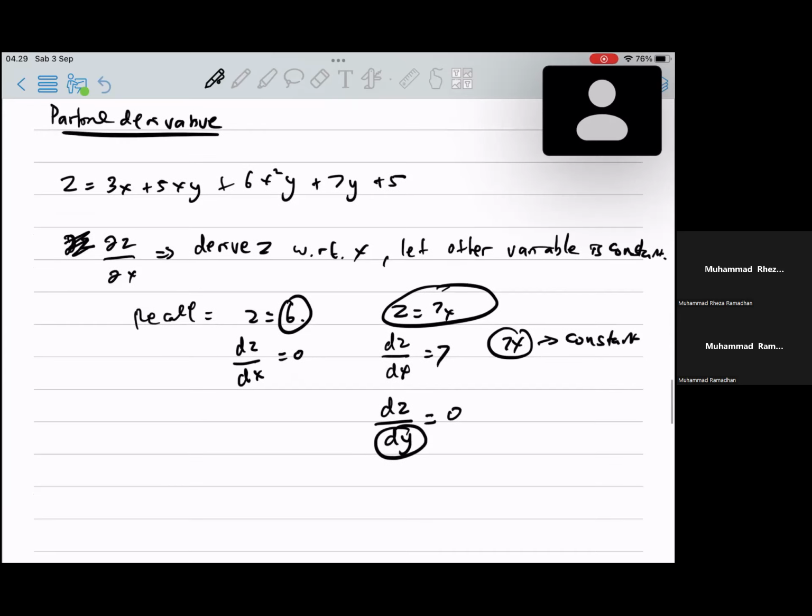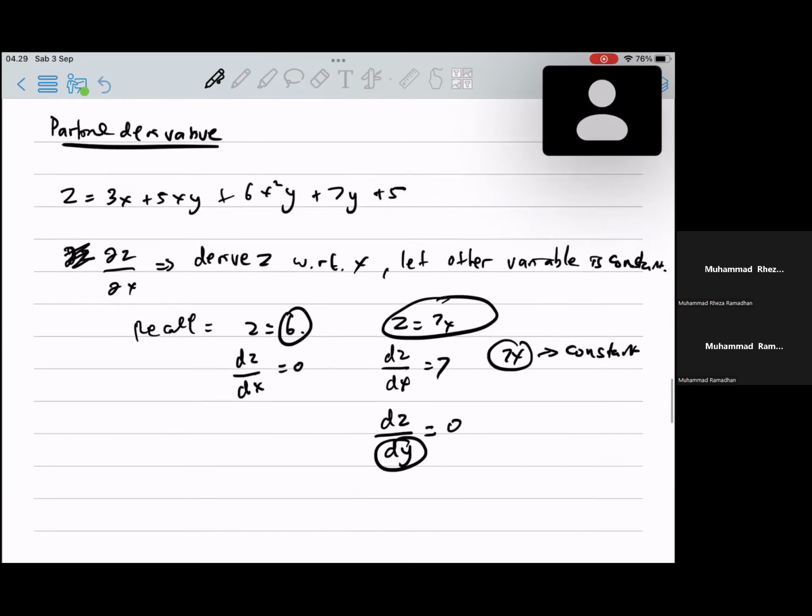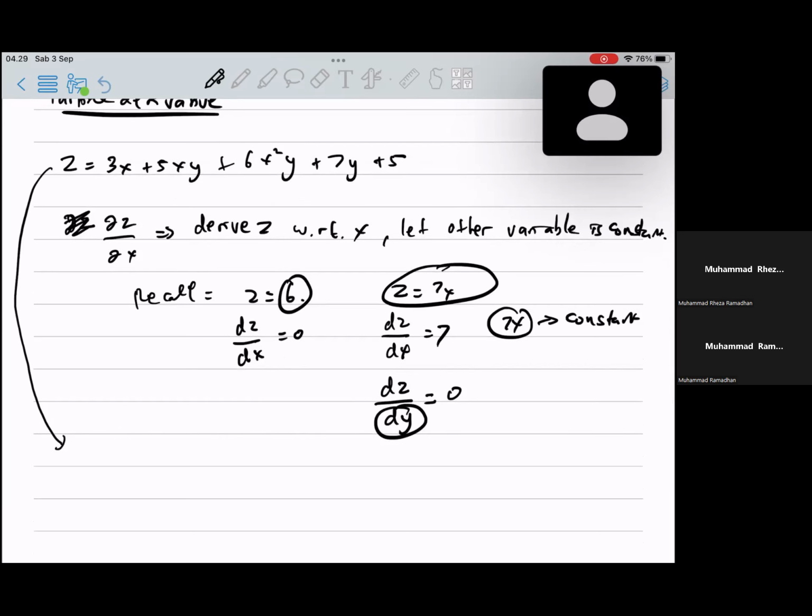So we can derive this dz over dx. dz over dx is 3 plus 5y, because 5y is constant and you have x to the power of 1, so we can delete x, and then plus 12xy, plus 0 plus 0, because this is constant.